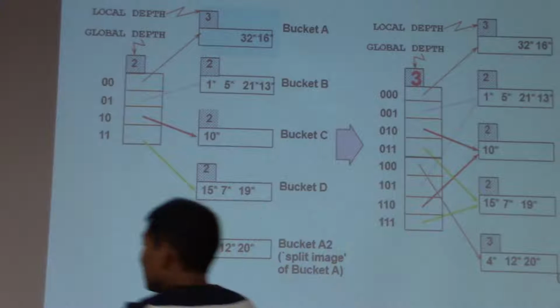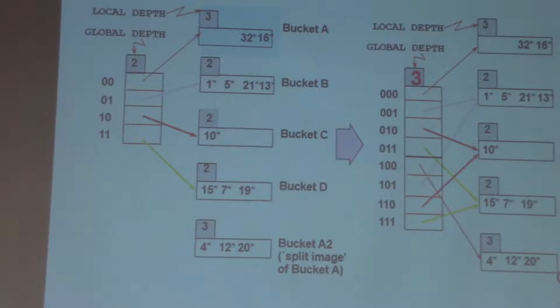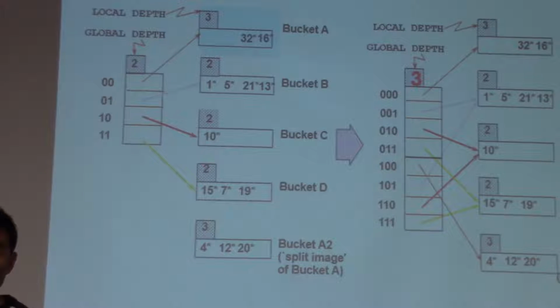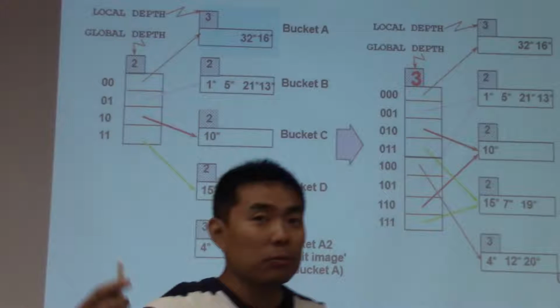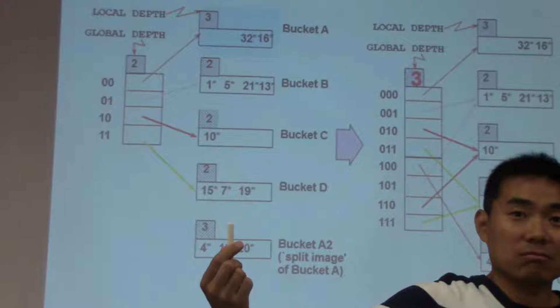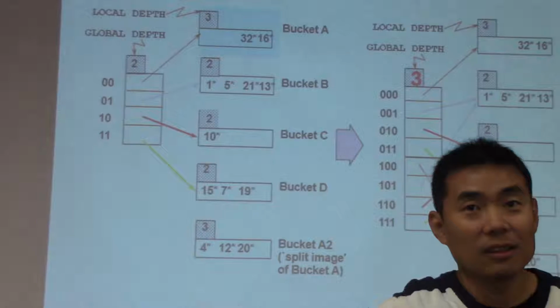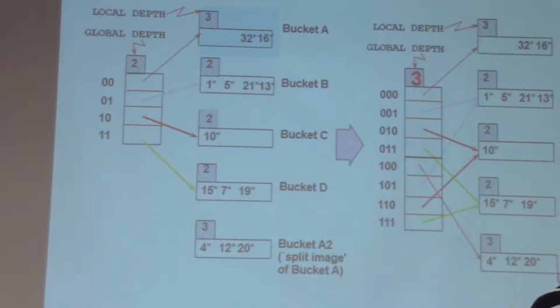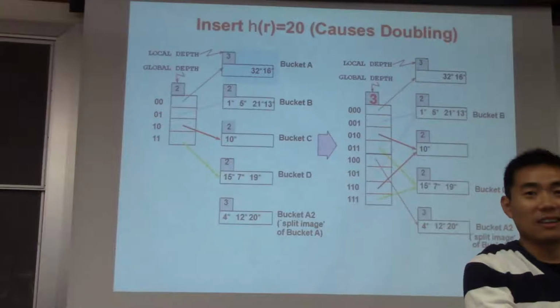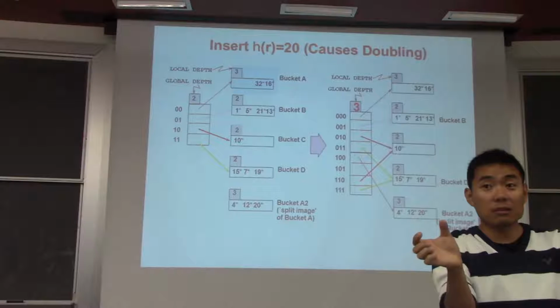So how many bits do I need to tell the difference between these two? Well, just a little bit. How many bits do I need to tell the difference between this and this? A lot. So what you do is you create a lot of pages that differ just a little bit, and the lower order bits are all the same.